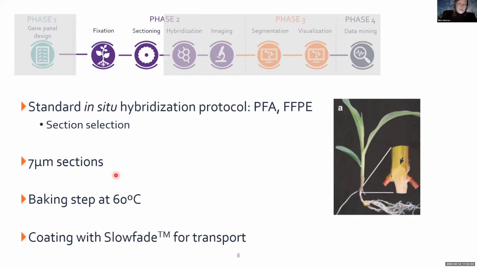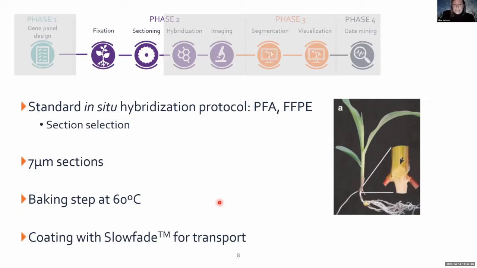The only 2 small optimizations we made, and they are not always necessary, but they can be important for more difficult tissue than the maize apical meristem, is to include a baking step of 60 degrees, because we worked also with some other tissues with collaborators, and because this is not our data, I cannot show it here today, but I can tell you that sometimes we had adhesion problems of the tissue from the slide, and for this reason we included the baking step, because it doesn't seem to affect the protocol.